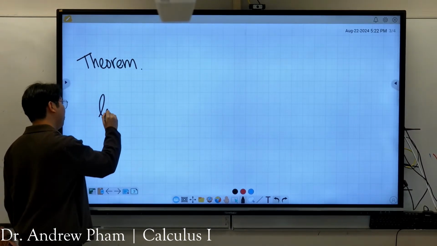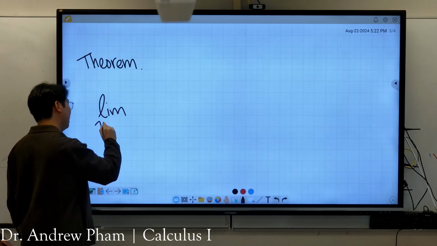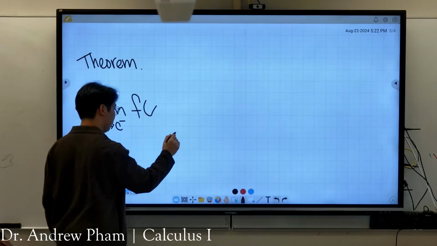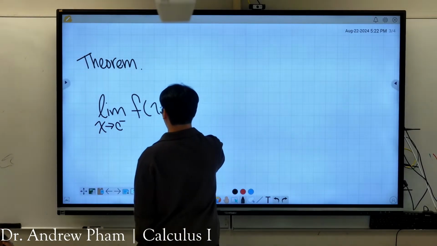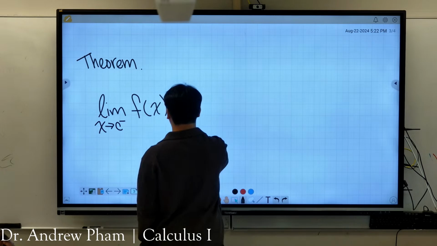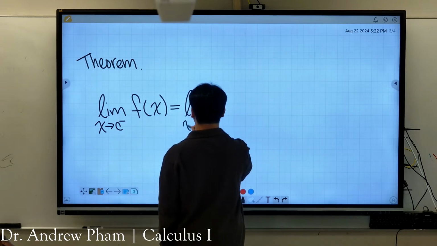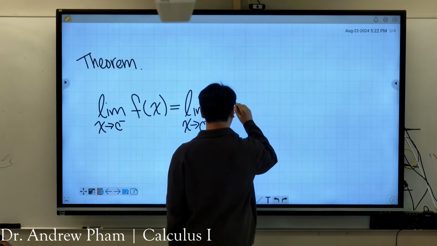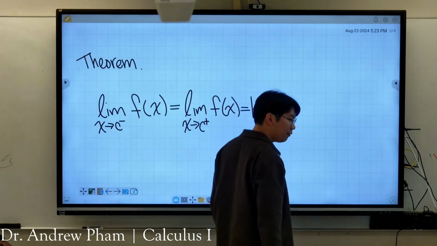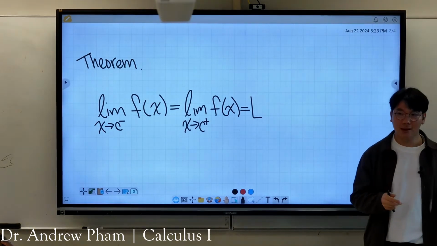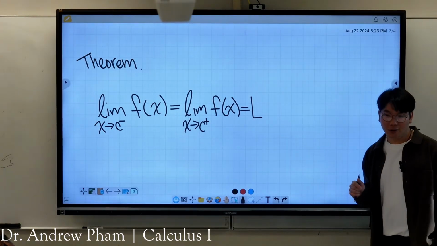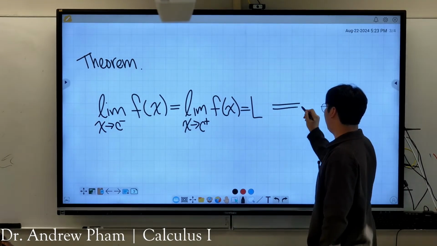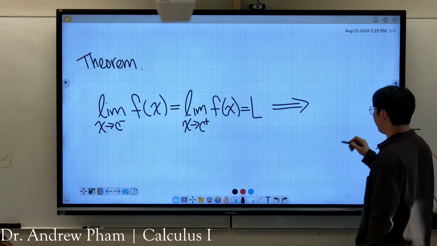So this theorem is going to be one line. I'm going to say the limit as x approaches c from the left is equal to the limit as x approaches a number c from the right. Let's just say they're equal to L for some number. So if the left and the right are equal, then I'm going to draw an arrow pointing forward.